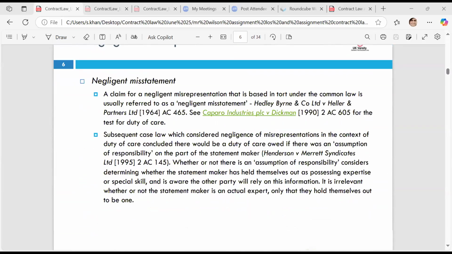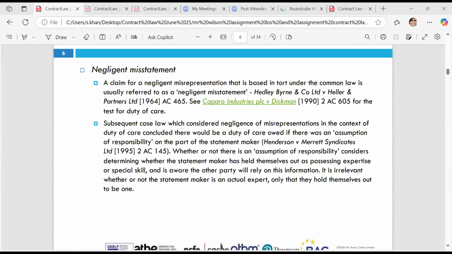Then we've got negligent misrepresentation. This is a false statement made carelessly or without reasonable grounds for believing it to be true. There's no intent to deceive, but the party making the statement failed to exercise reasonable care to ensure its accuracy. So this is really to do with carelessness, disregard for accuracy.